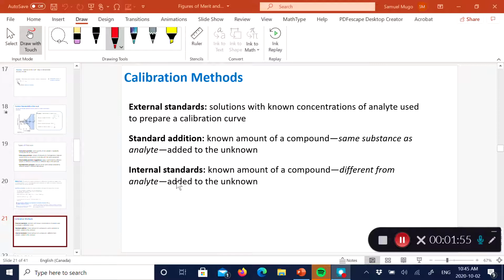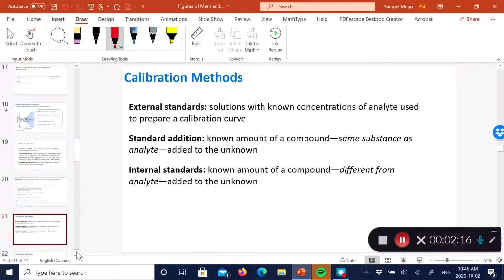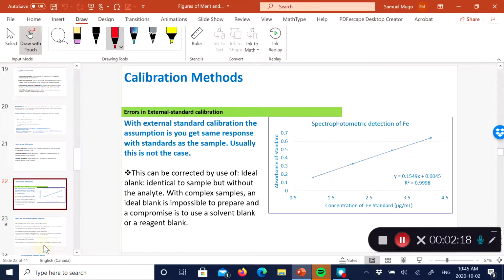And lastly, the internal standard method, and I'm going to explain it a little later, is where you spike in an internal standard, which is an analog, a chemical species that is very, very similar to your analyte, but they are distinguishable. And I'm going to explain why you have to do all these different types of methods.